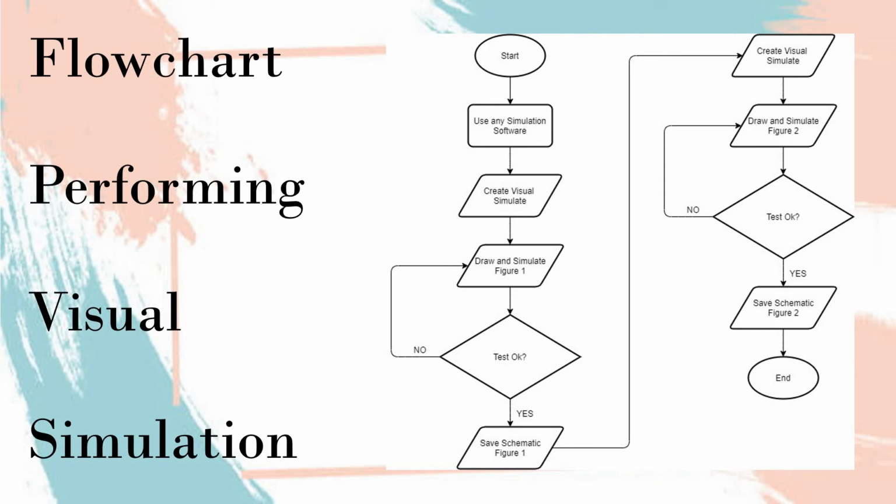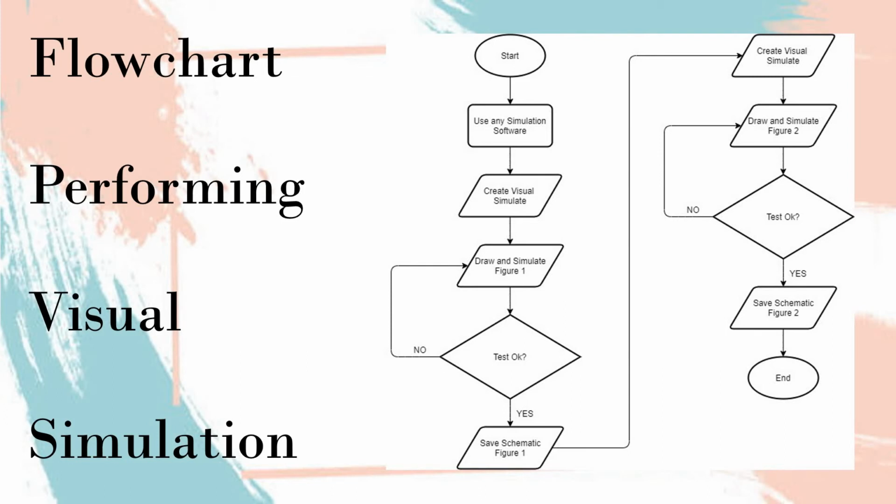Okay, next is the flowchart for performing visual simulation. First start, then use any simulation software. Next, create visual simulation. After that, draw and simulate figure 1. If the test is okay, go to save schematic figure 1.